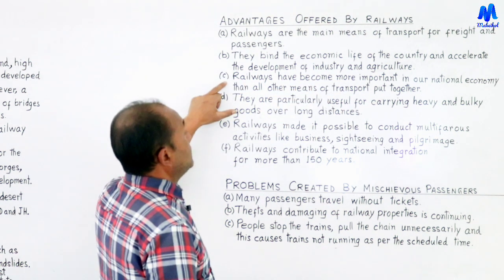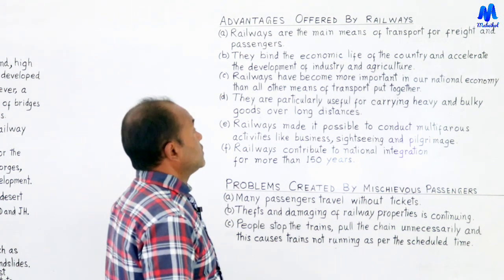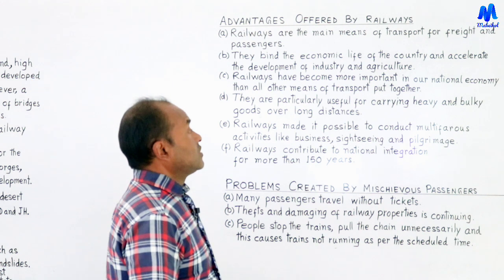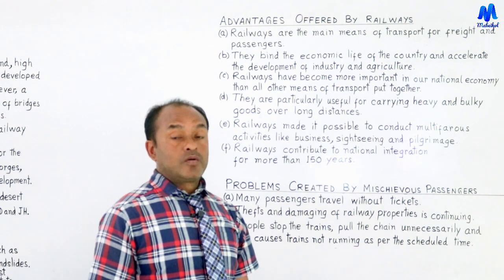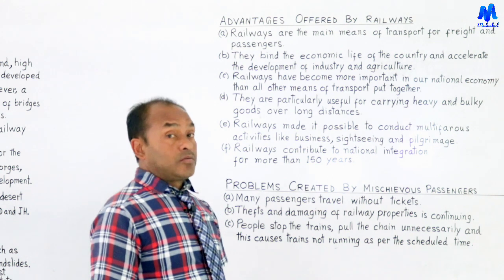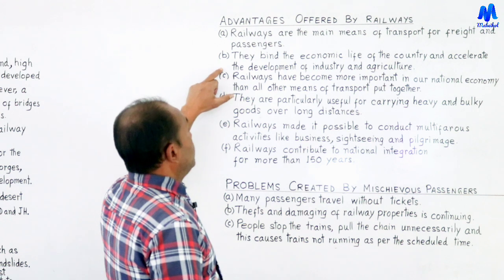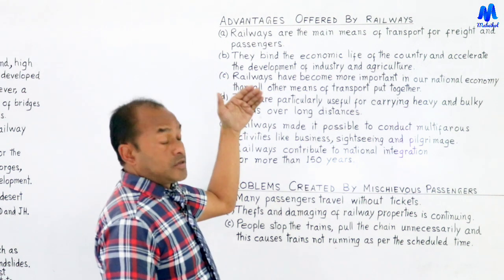Okay, in number C, it tells that railways have become more important in our national economy than all other means of transport put together. Earlier we have discussed these things, a few minutes ago.